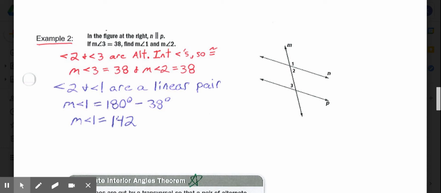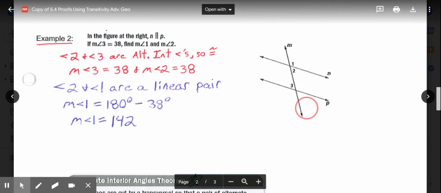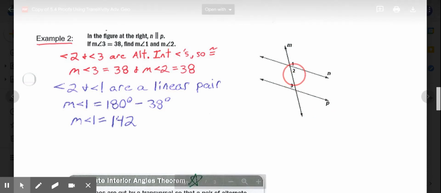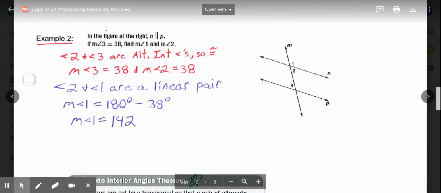So what I know is N and P are parallel, M is my transversal, so 3 and 2 are alternate interior angles. And if they're alternate interiors, that means they're congruent because N and P are parallel. So angle 3 is 38 degrees, meaning the measure of angle 2 is also 38 degrees.